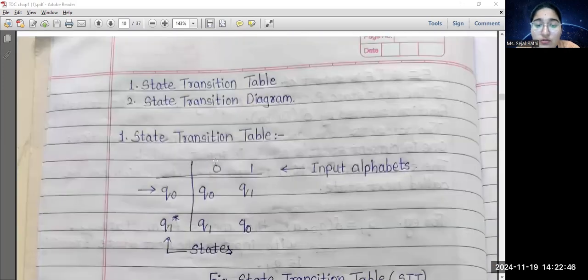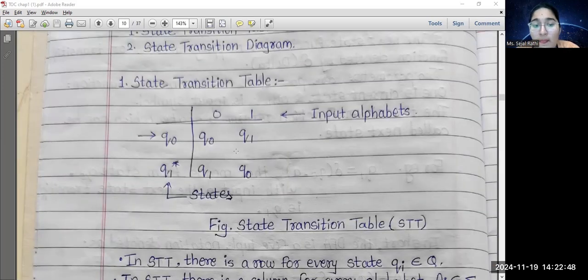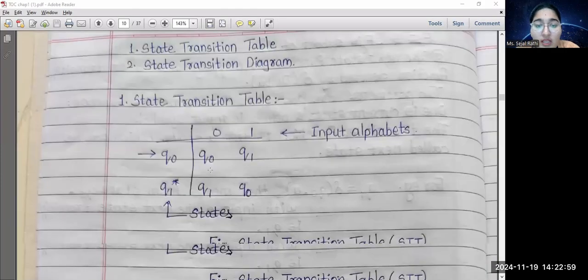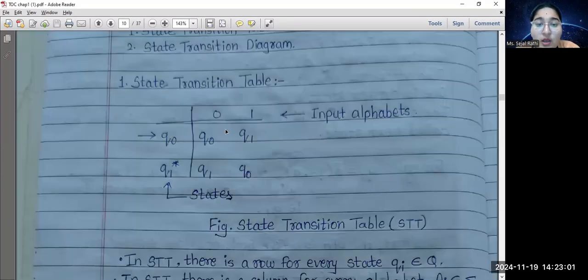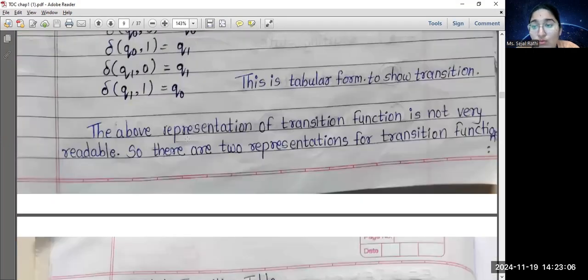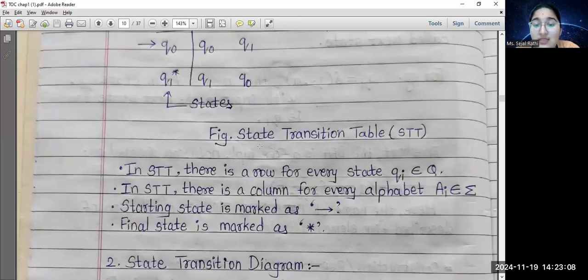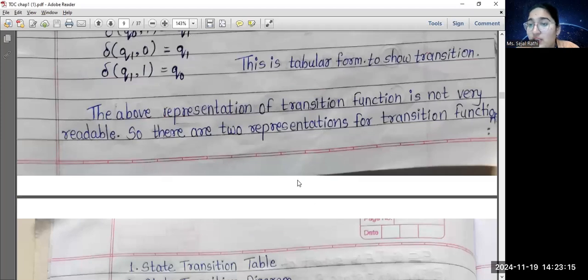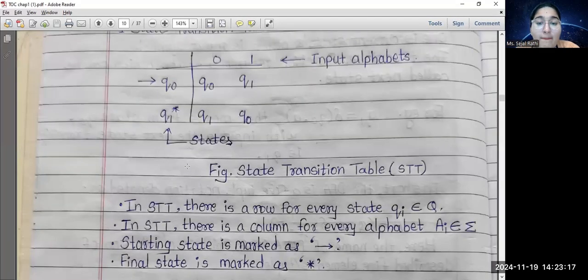It is Q1, so we write Q1. Q1 with input 0, the next state is Q1. And Q1 with input 1, the next state is Q0. This is the state transition table, the first format for representing the transition function.